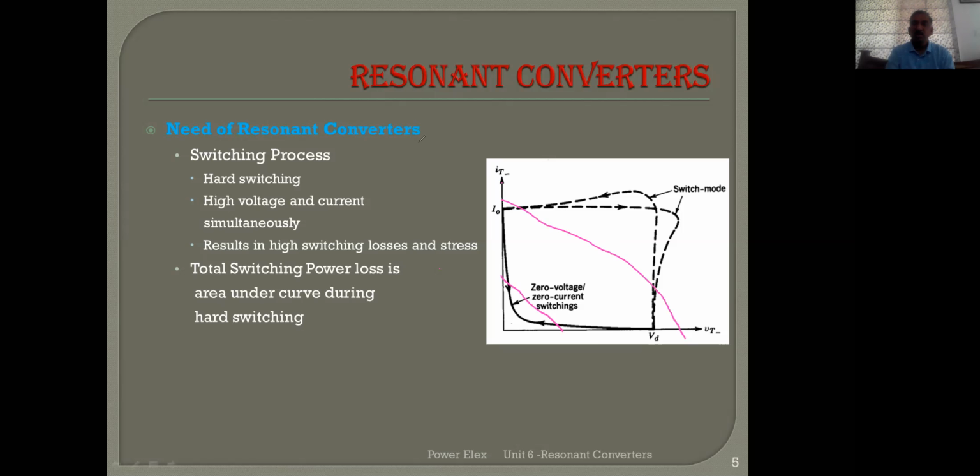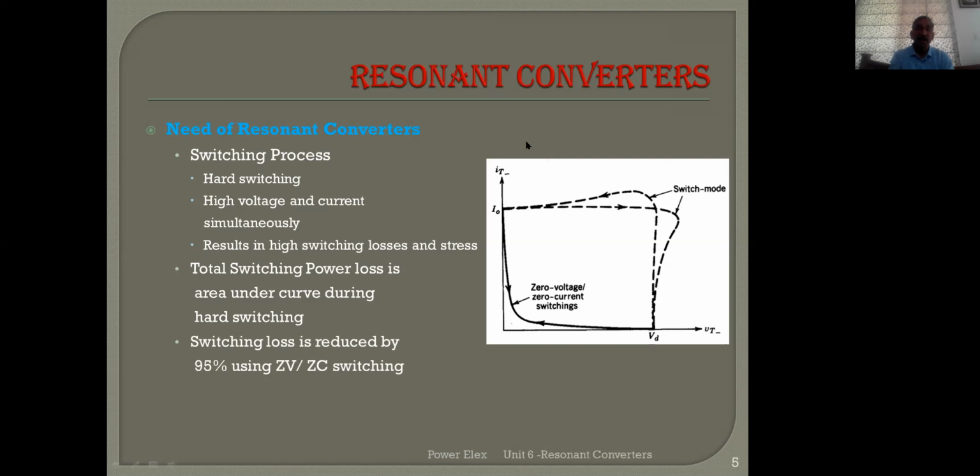And this is what is typically needed in switching converters. So switching loss is reduced by 95% using zero voltage and zero current switching.